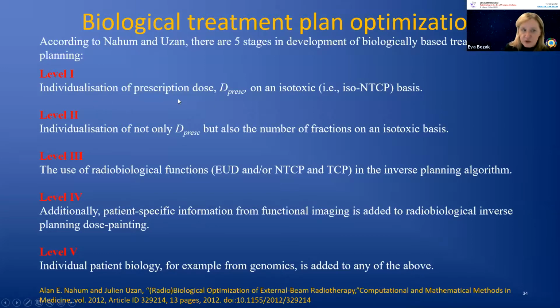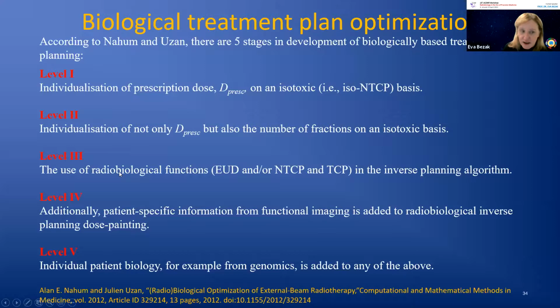Level 1 is using individualized prescription on an iso-equivalent NTCP basis. On level 2, we are looking at individualized dose prescription, but also individualized fractionation on an isotoxic basis, so that each patient will have the same amount of normal tissue complication probabilities.